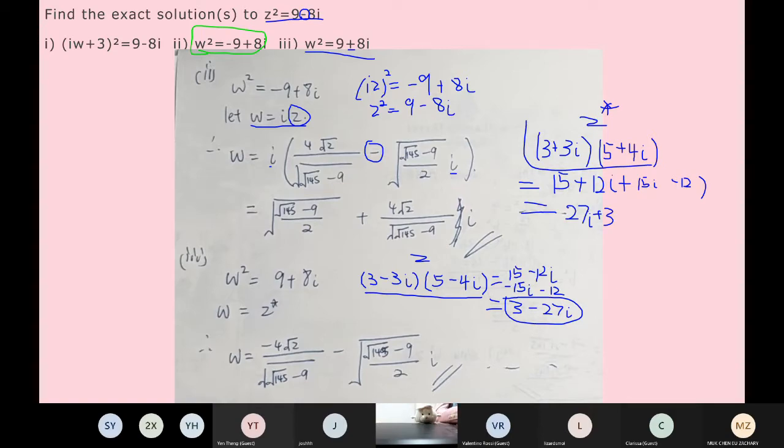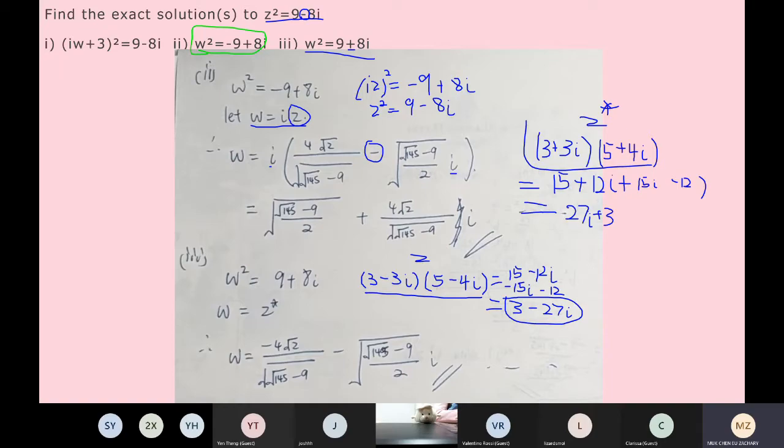All right, I will send you guys the proof additionally in the addendum slide, because that one you don't need to know the proof, right? But the main idea is if you see w squared equals the conjugate, your roots are conjugate as well, right? Don't need to showcase anything. You can immediately write down the roots already. Just say that w equals the conjugate root. You need to show that w is the z conjugate. Can?